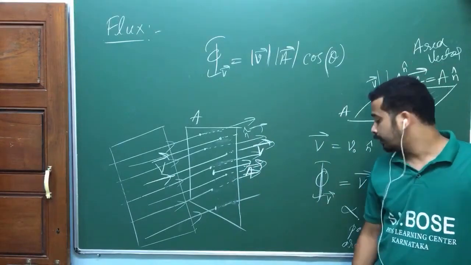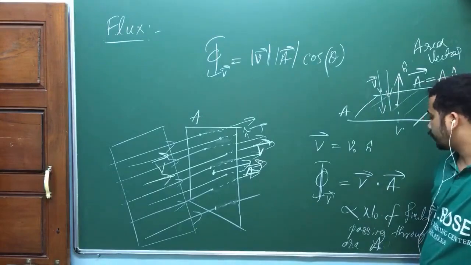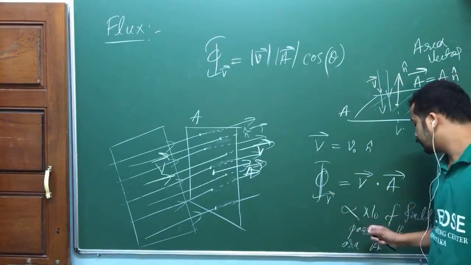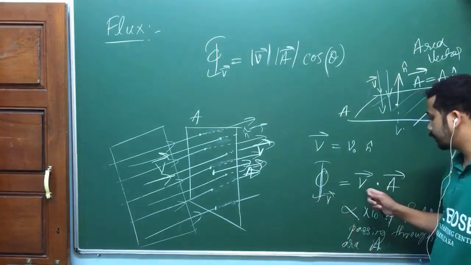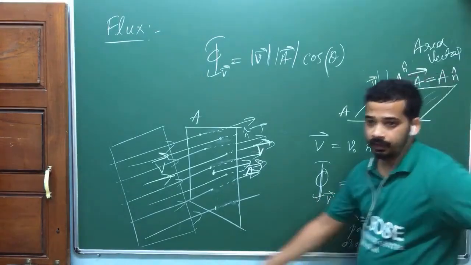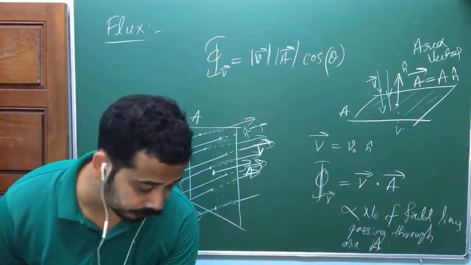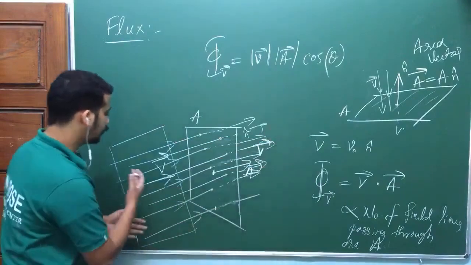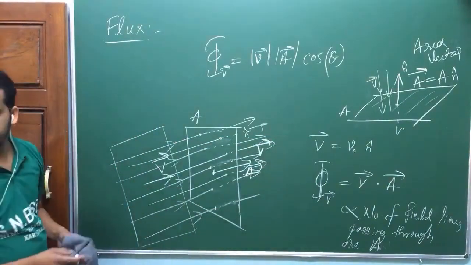So that number of field lines passing through is quantified by the flux, which is a dot product between vector field and area. Now in this case, I have taken a uniform vector field and a planar surface area, isn't it? Are you getting my point?